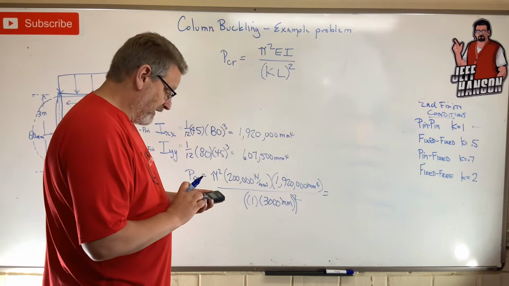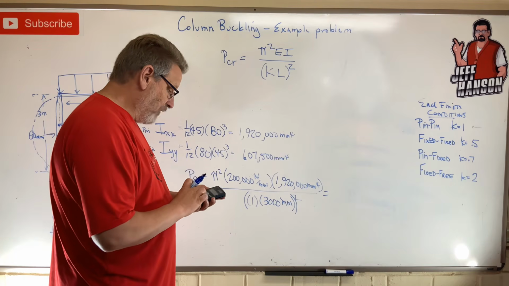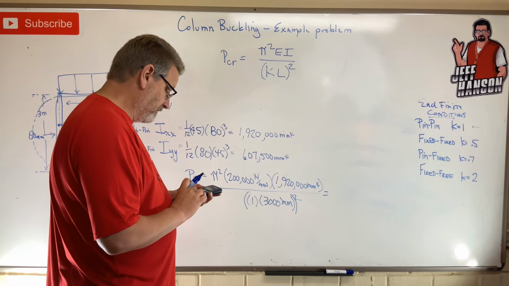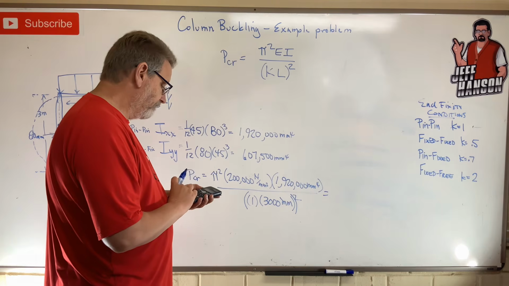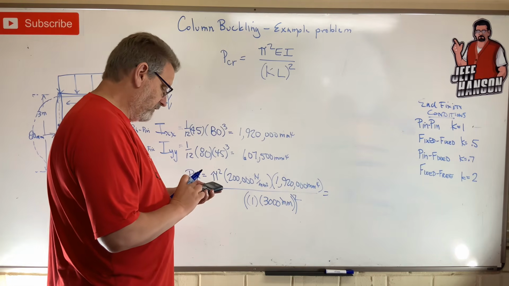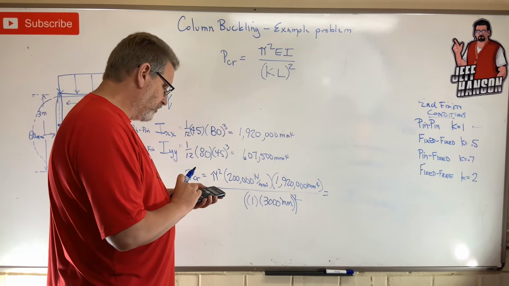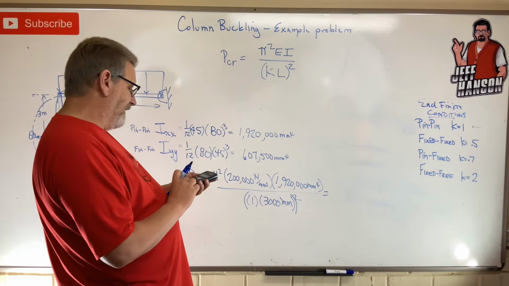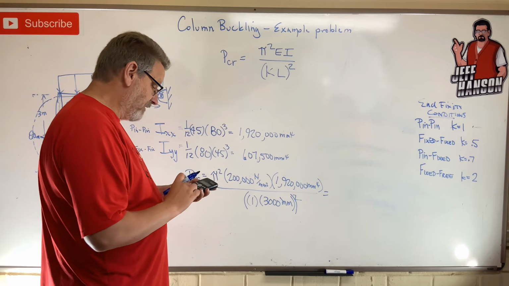So let's see what that is equal to, okay? So pi squared times 200,000 times 192,123 divided by 3,000 squared, right?